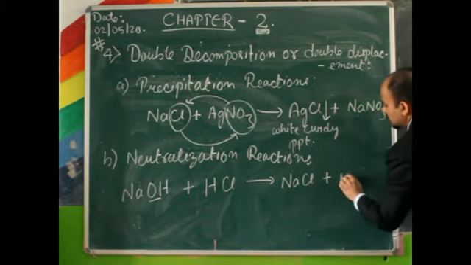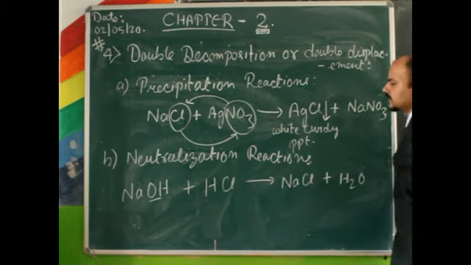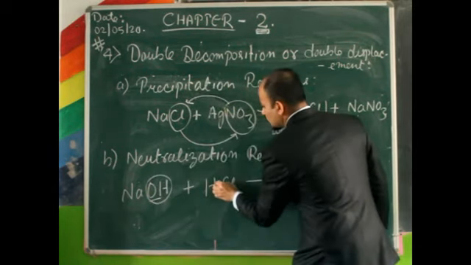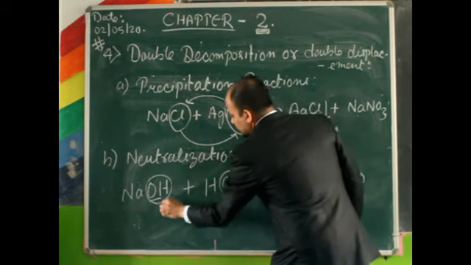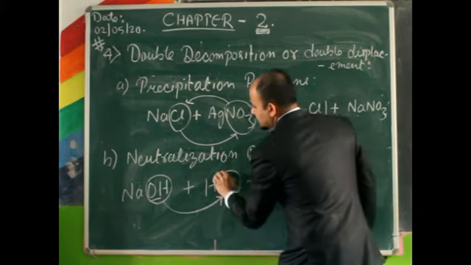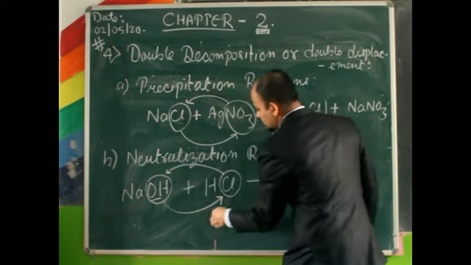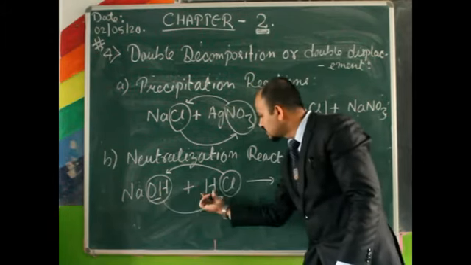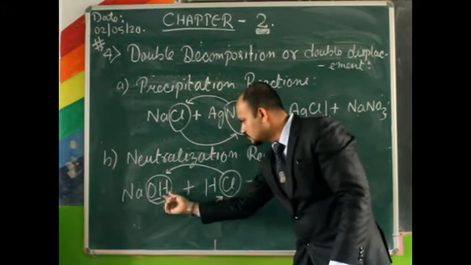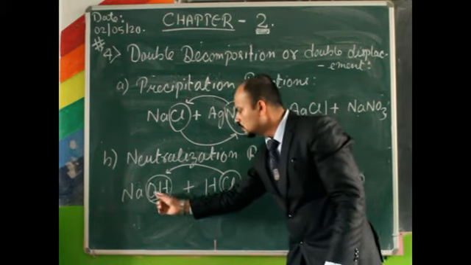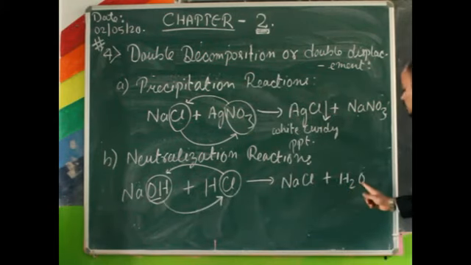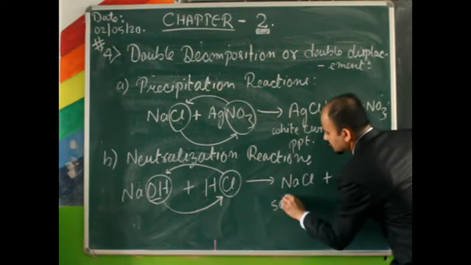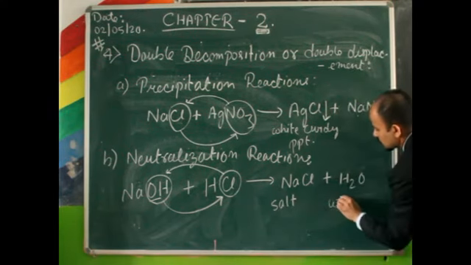NaCl plus water will be formed as the product. Now, how can you arrive at the product? This OH and this Cl will be exchanged. This will be going here and this OH will be coming to this part. So you will be getting HOH, that means H2O. Okay? This is salt and this is water.